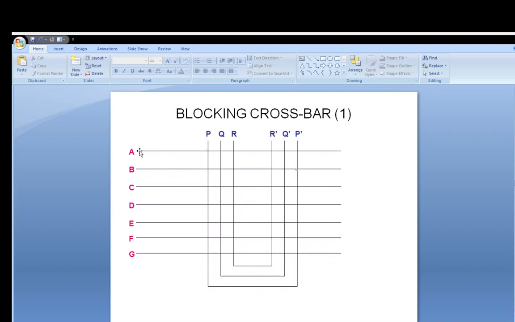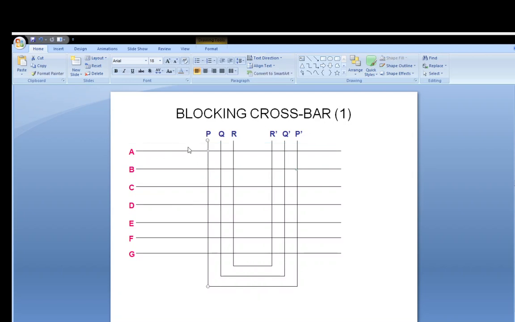When we have to set up a call between A and B, first of all A is to be energized and then P is to be energized.